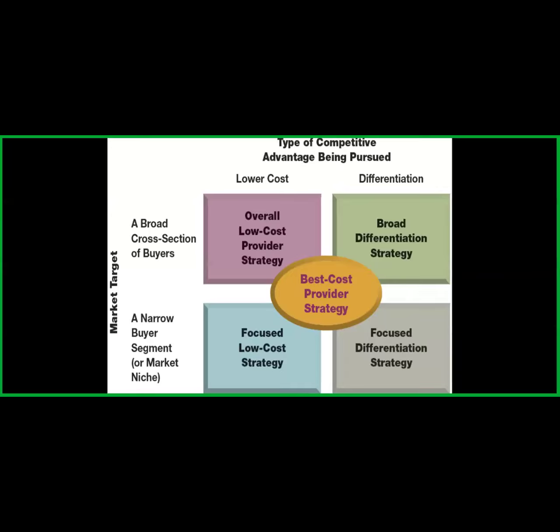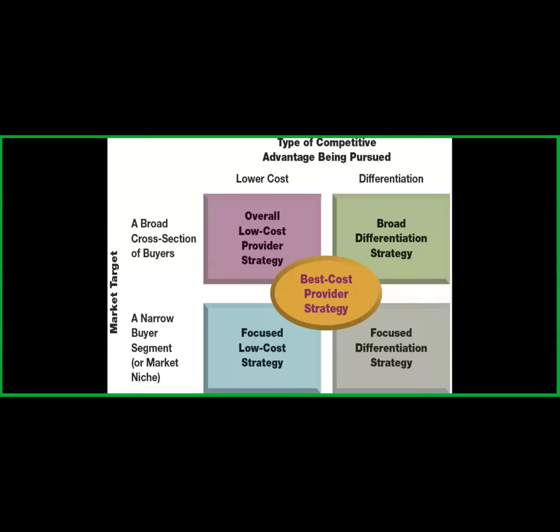The first strategy is overall low cost provider strategy. Second one, focused low cost strategy. Third one, broad differentiation strategy. Fourth one, focused differentiation strategy. And the fifth one, best cost provider strategy.